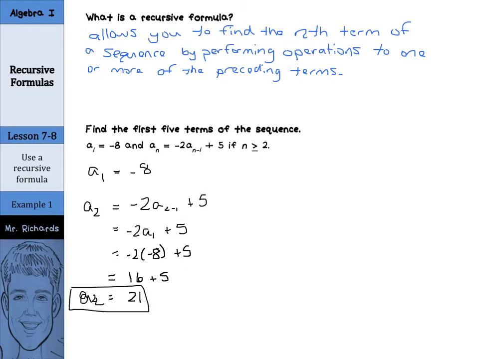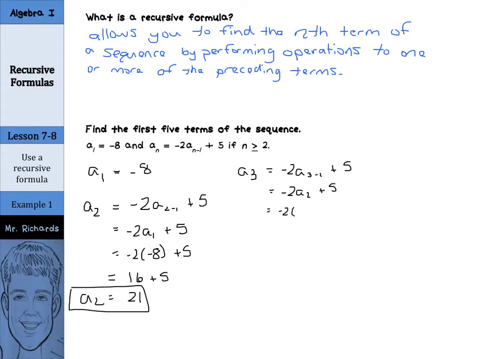Now, what about the third term? Well, this is going to equal -2 times a to the 3 minus 1 term plus 5, which is -2 times the second term plus 5.